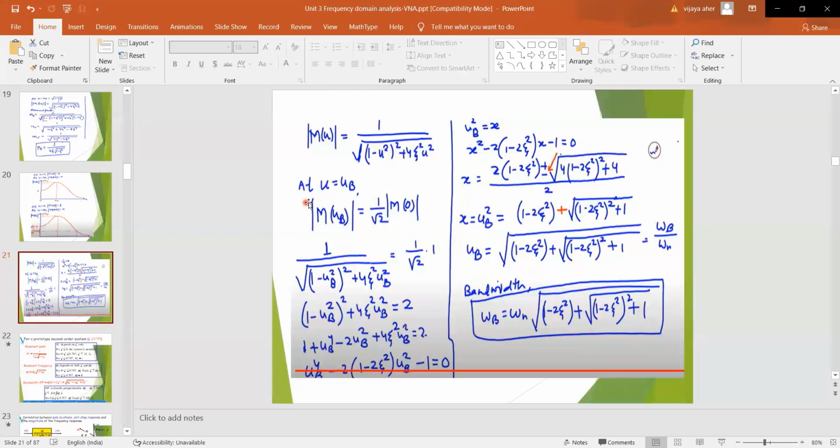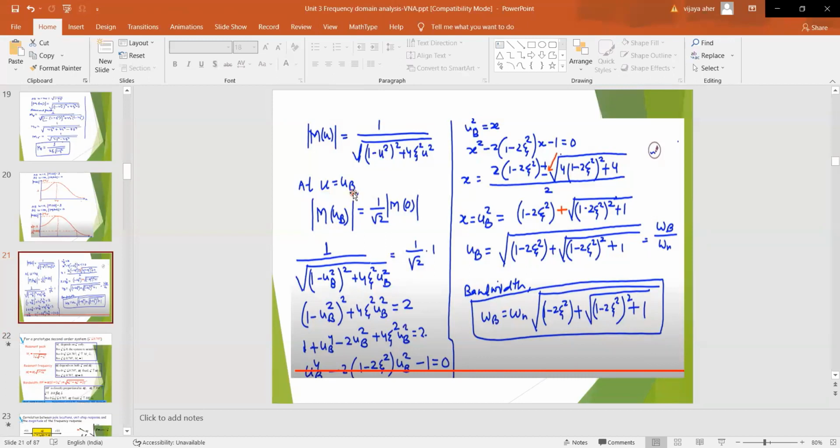At u equal to ub, the normalized frequency for finding the bandwidth, I am putting u equal to ub.